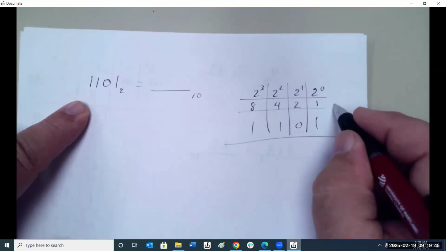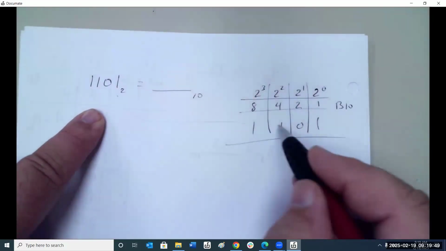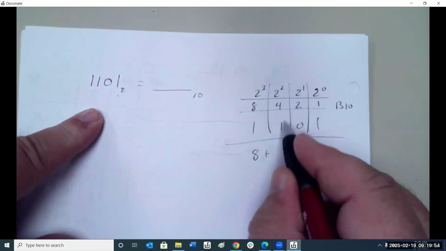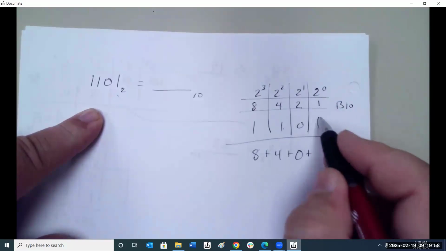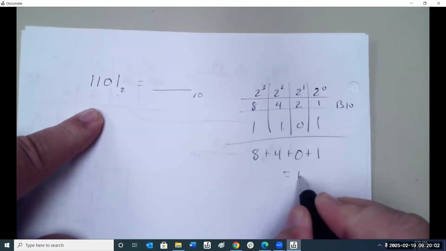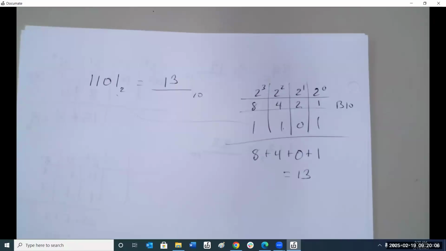This is base 10. This is my number. So 8 times 1 is 8. 4 times 1 is 4. 2 times 0 is 0. 1 times 1 is 1. So that equals 13 base 10.